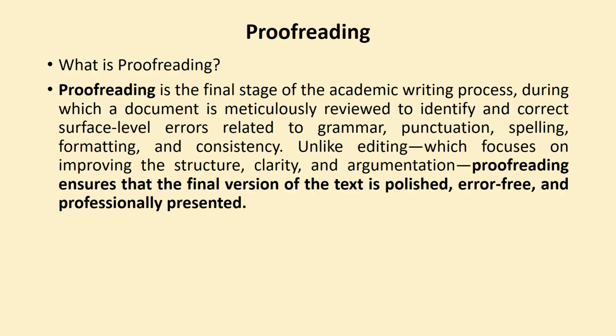So these kinds of human errors will be there, and these errors can be minimized and reduced only with the help of proofreading. What is proofreading? Proofreading is the final stage of the academic writing process, during which a document is meticulously reviewed to identify and correct surface level errors related to grammar, punctuation, spelling, formatting and consistency.